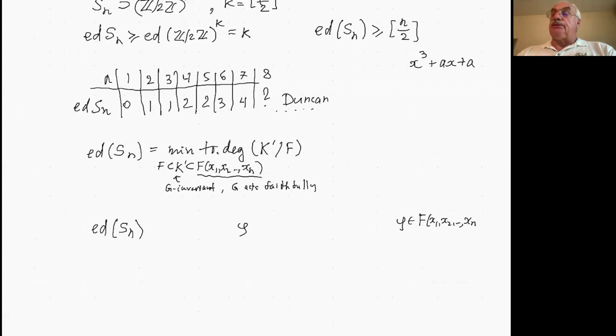Such a function may not be, of course, symmetric, and in fact we take one which is not symmetric, and we apply sigma, for all sigma from the symmetric group, to the function phi. We get a finite set, and we would like to have this set so that the symmetric group Sn acts faithfully on this set.